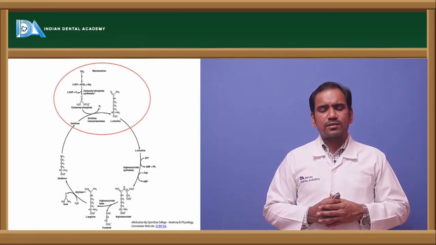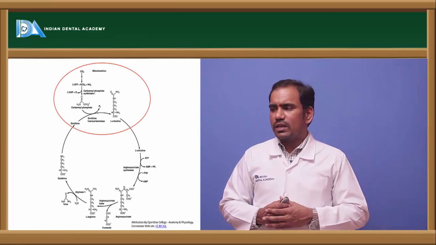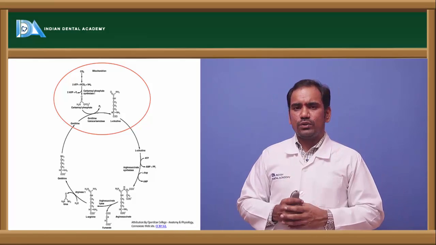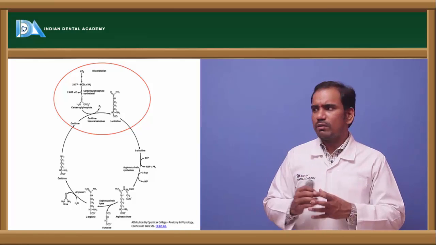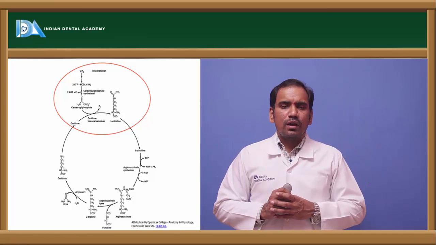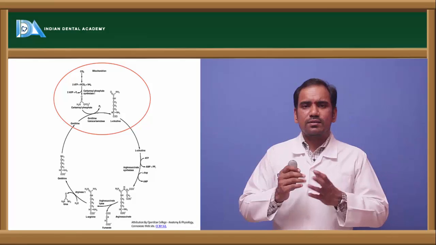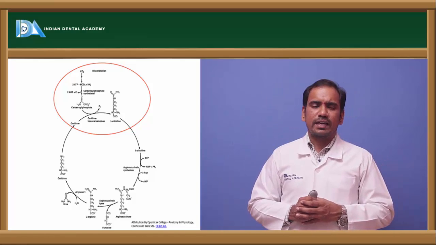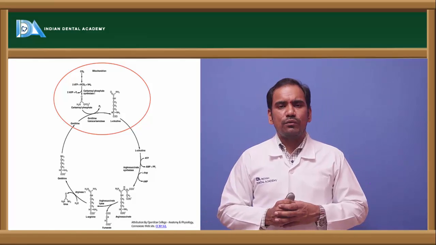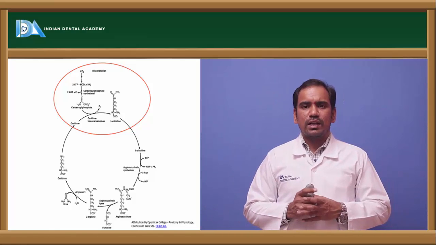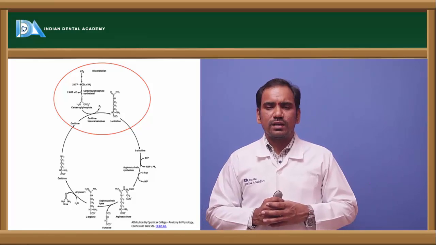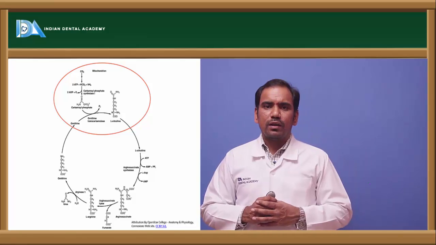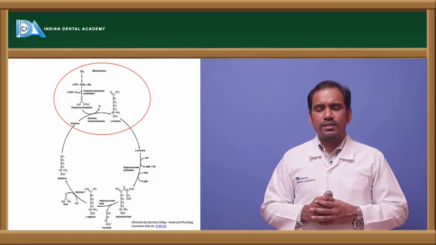Coming to the reactions of the urea cycle, as I told you, the reactions occur in both cytosol and mitochondria. The ammonia which is released in the liver mitochondria first reacts with carbon dioxide, and this reaction is catalyzed by the enzyme called carbamoyl phosphate synthetase 1. There are two carbamoyl phosphate synthetases. Carbamoyl phosphate synthetase 1 is involved in the urea cycle, urea synthesis.